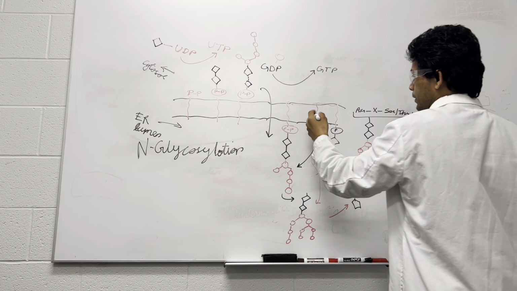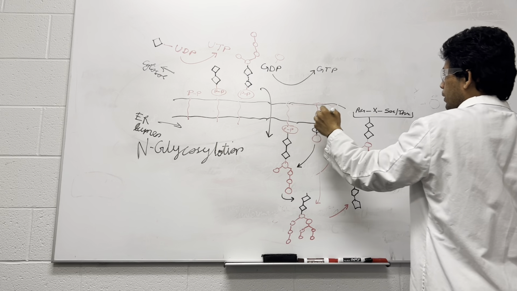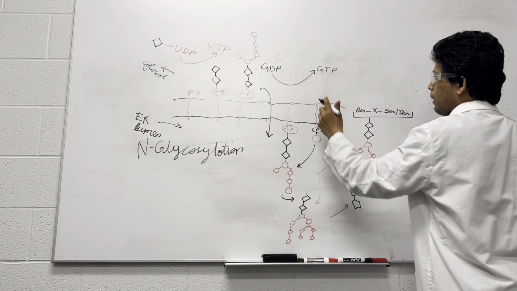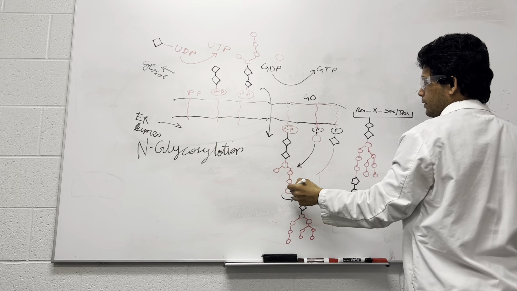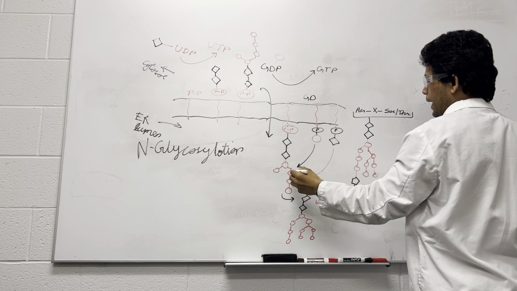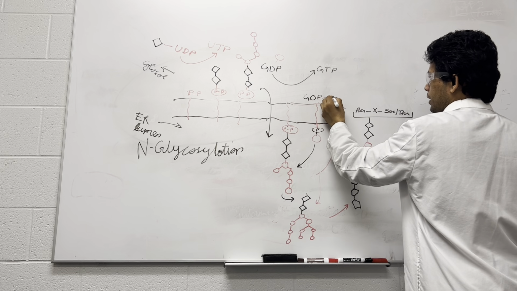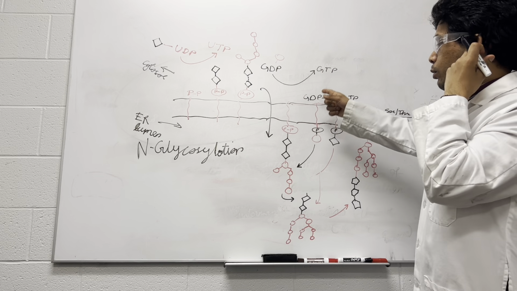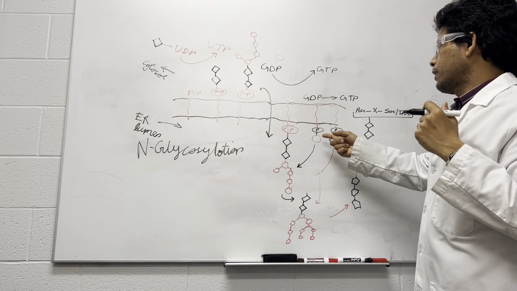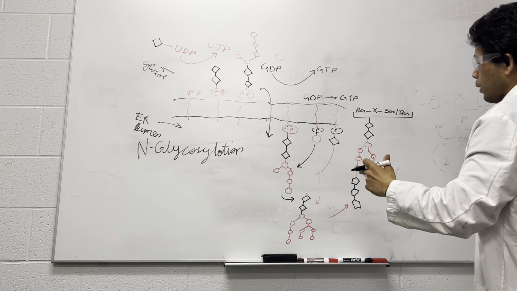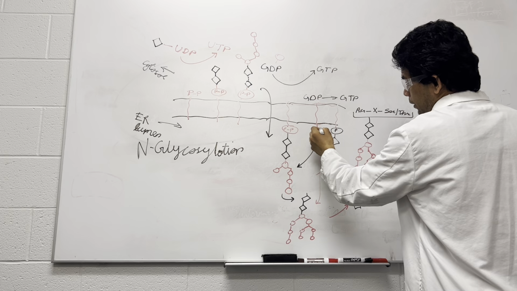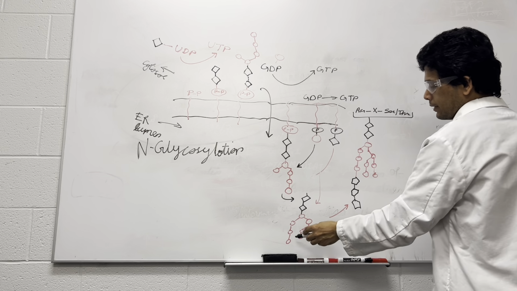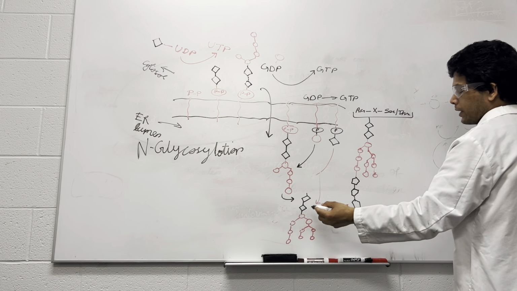When GDP reacts with this Dolichol single phosphate chain, it releases this mannose, and it will bind to the glycan structure. GDP carries 2 kinds of monosaccharide, either mannose or fucose, and the addition of mannose will continue till it acquires this structure. It has 9 mannose and 2 N-acetylglucosamine.